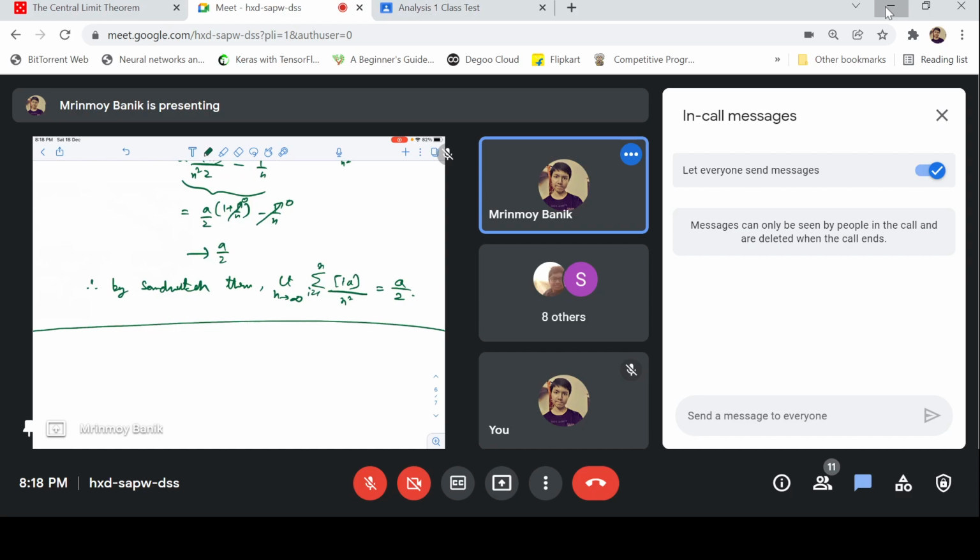Take any sequence xn. Xn converges to A, the point where you want to show the limit.